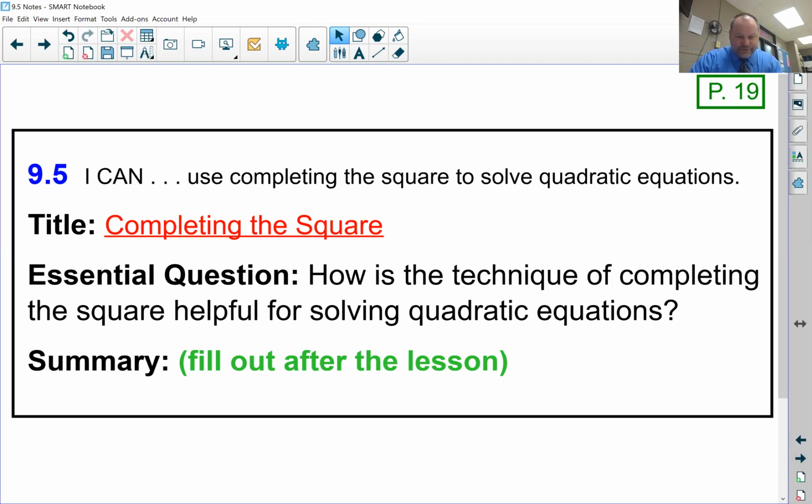So one of the things that you can use to help understand completing the square are something called algebra tiles.